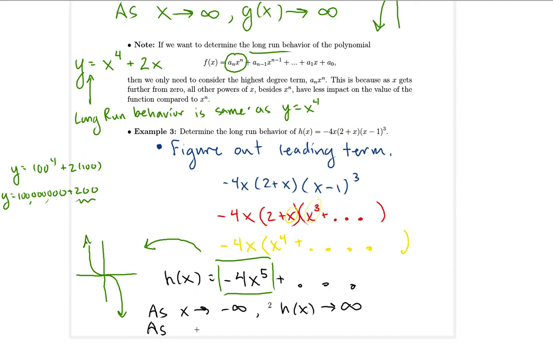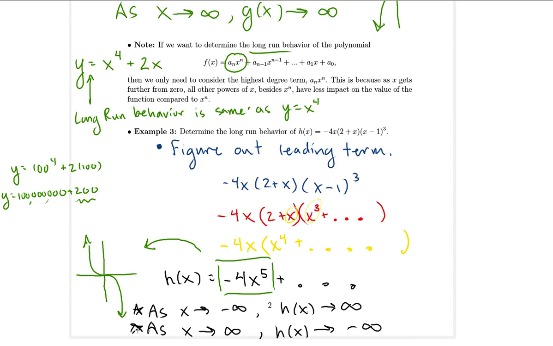And as x goes to positive infinity, when it goes positive, the function values or the y values go to negative infinity. So that would be the way I'd actually write that out. All right, so that's long run behavior that we're looking at there.